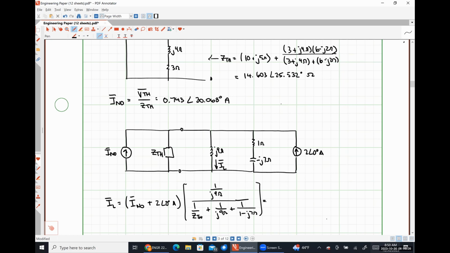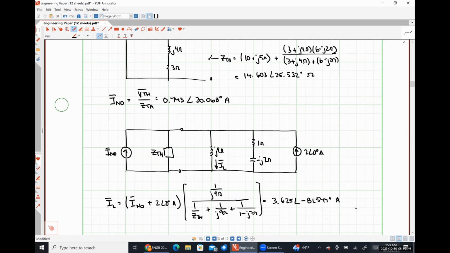I get 3.625 angle negative 81.544 degrees amps.